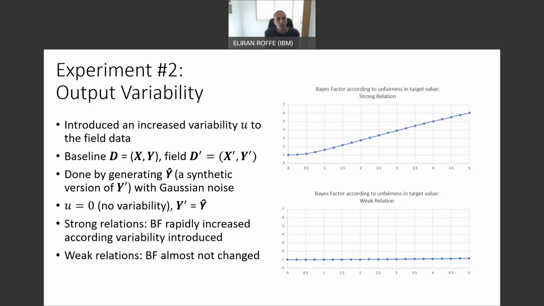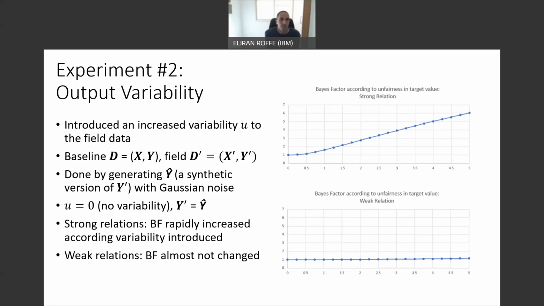The second experiment we did is output variability. It is more like taking the data and adding some synthetic Gaussian noise to the output. Also, in this case, we have a baseline data, which is D, and a field data, which is D tag. We made the changes only to the Y tag, the output of the D tag.